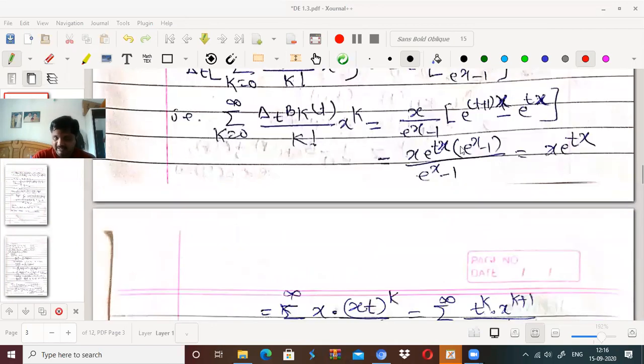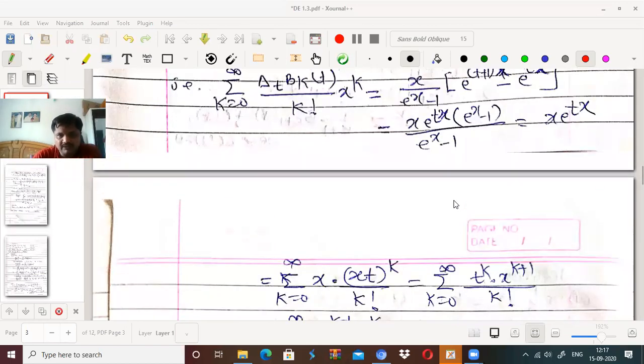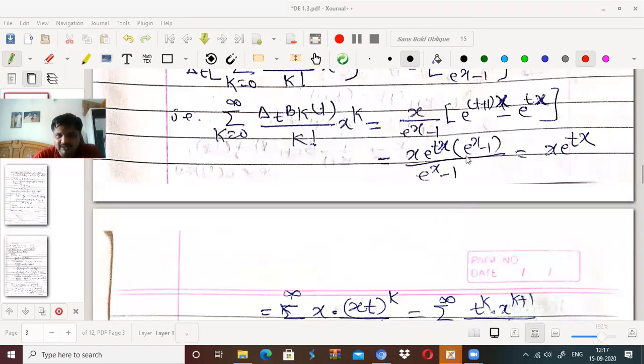Now again, e to the power tx into e to the power x minus e to the power tx. Take e to the power tx common, we get x upon e to the power x minus 1 into e to the power tx into (e to the power x minus 1). Now e to the power x minus 1 cancels with e to the power x minus 1 and you will get only x into e to the power tx. Okay, now see here, what about the right hand side?